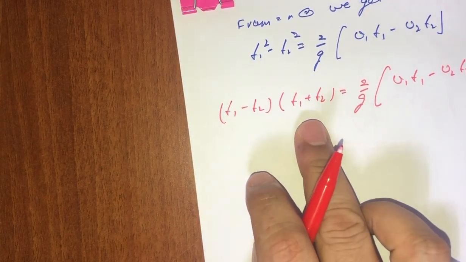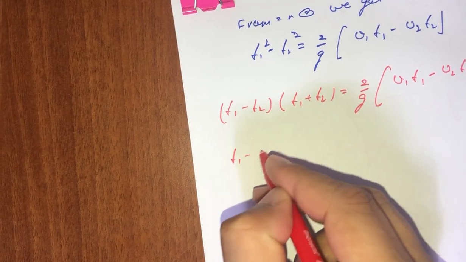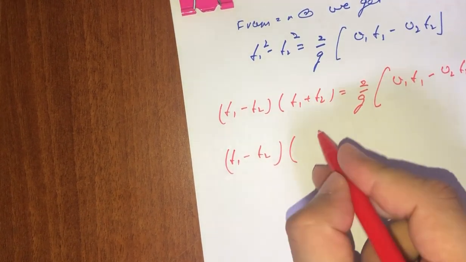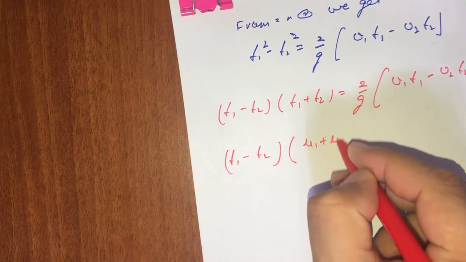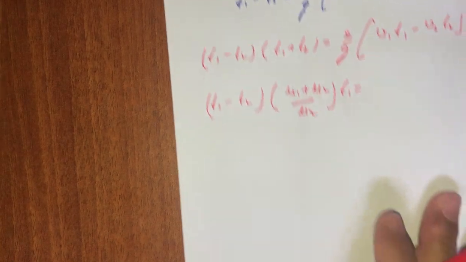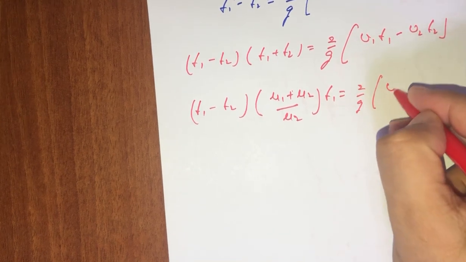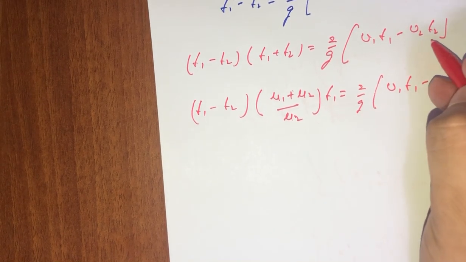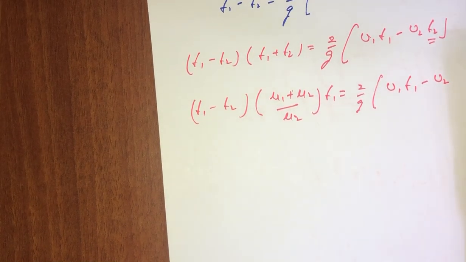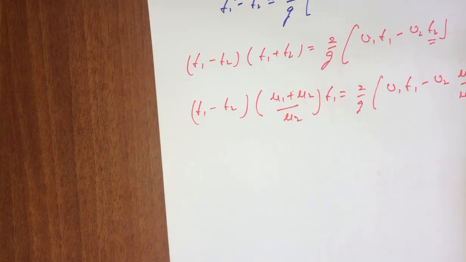And we already know t1 plus t2. So substituting here, t1 minus t2 multiplied by u1 plus u2 divided by u2 multiplied by t1 is equal to 2 upon g times v1 t1, and we already know the value of t2, that was equal to u1 divided by u2 multiplied by t1.